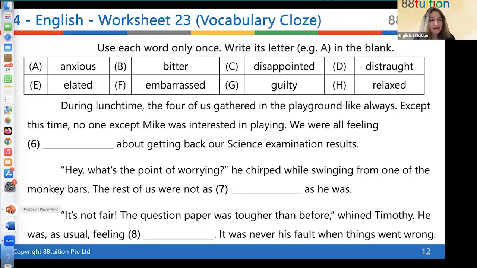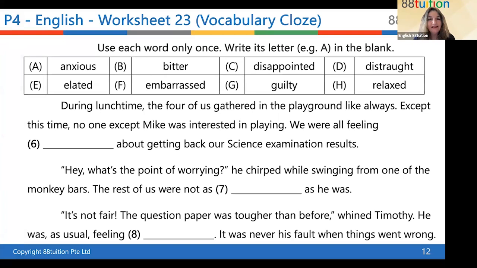Great. So that's a kind of mime that we were doing just there. That's really helpful. And this should help us answer. So Emmet, back to you. What is number 6? We were all feeling what, Emmet? Anxious. Thank you.